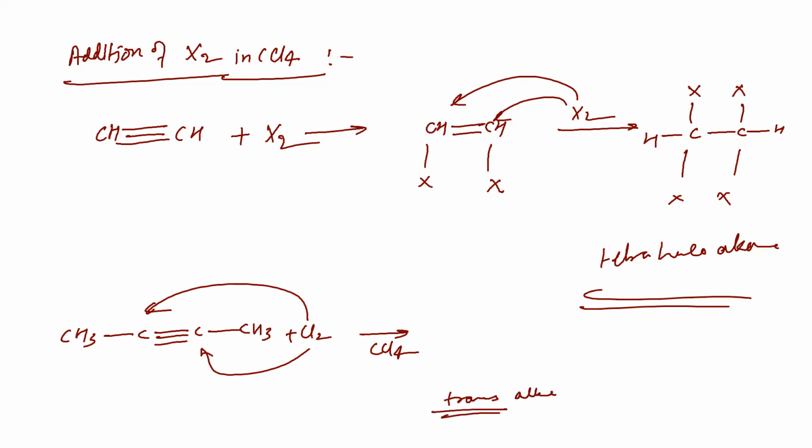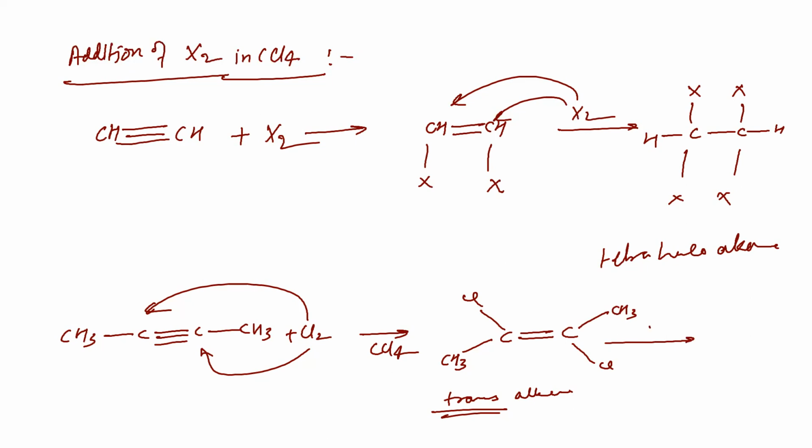This is trans because the chlorines repel each other due to inter-electronic repulsion. So how can you write the product, student? Here you see this is CH3, this is C. Here will be Cl, double bond C. Here is Cl, this is CH3.